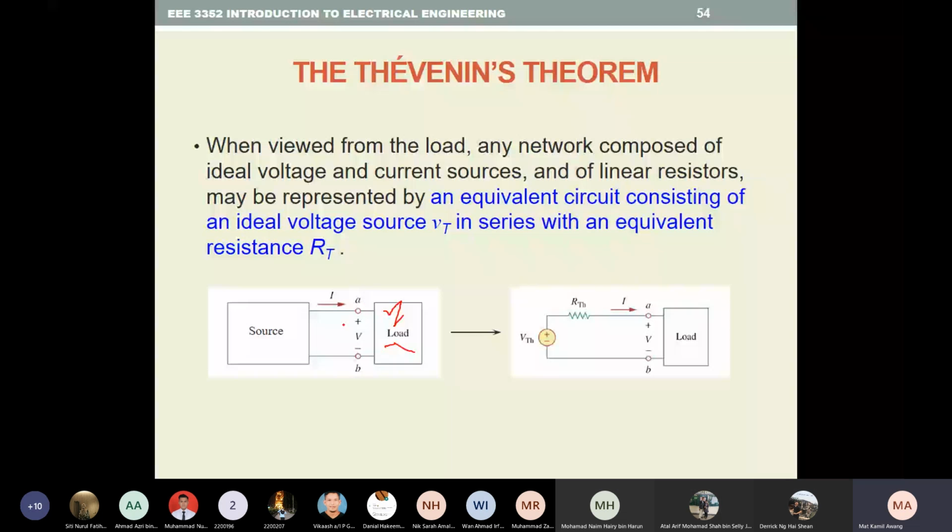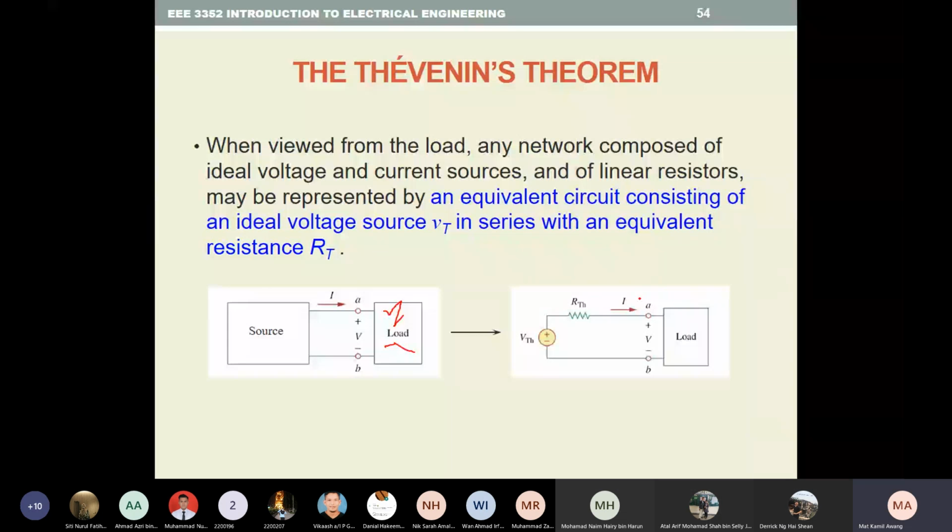So this can be represented in the Thevenin circuit. Basically, you have V Thevenin, VT, and R Thevenin, and a load AB. So you can represent it by this.